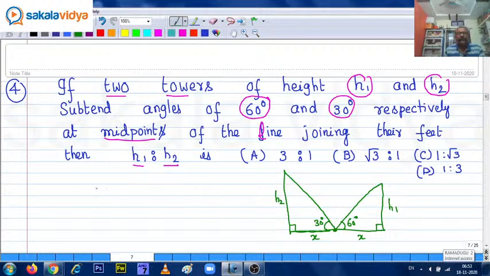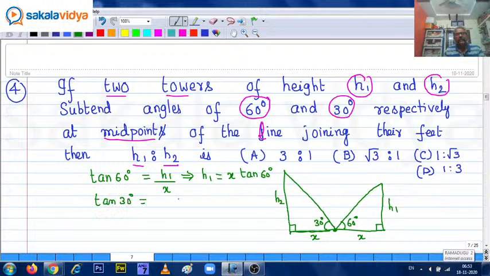From the two triangles, first you write down tan 60. Tan 60 degrees is equal to h1 by x. So h1 equals x times tan 60. From this triangle, define tan 30. What is tan 30 in the second triangle? Opposite h2 by adjacent x. Now h2 equals x times tan 30.